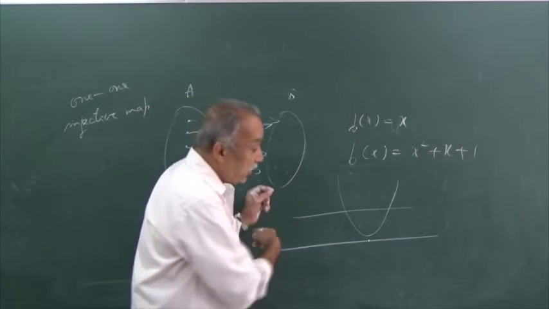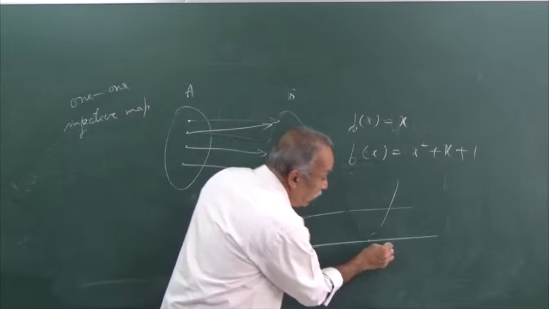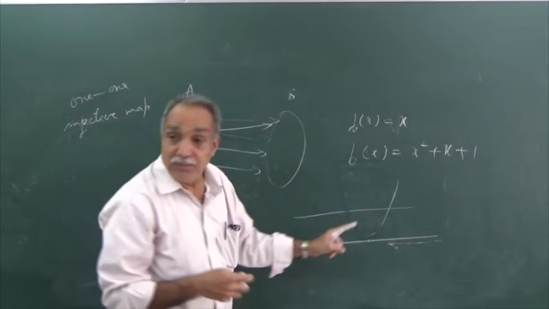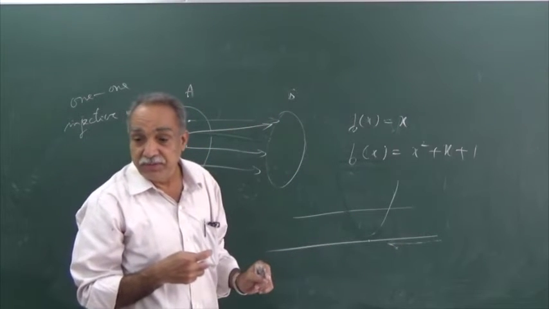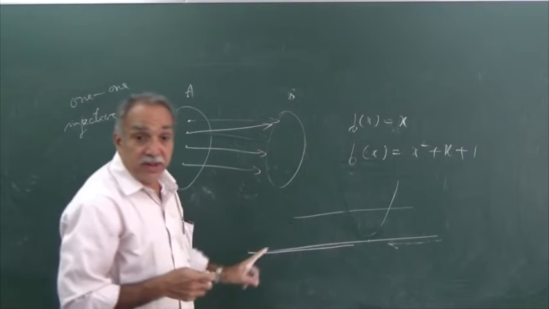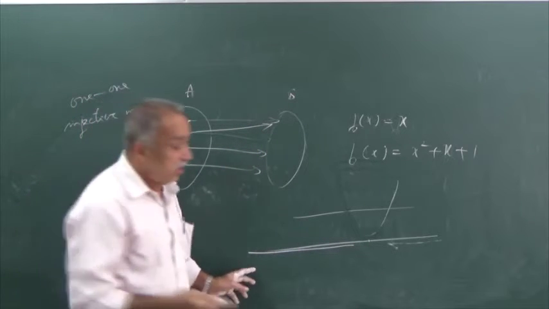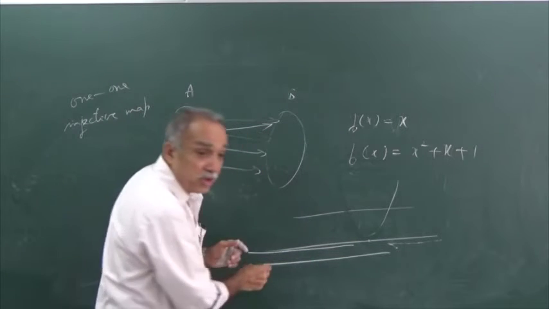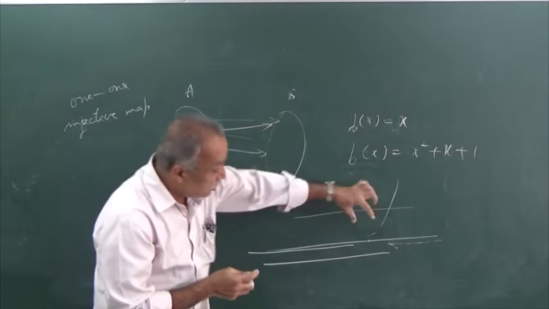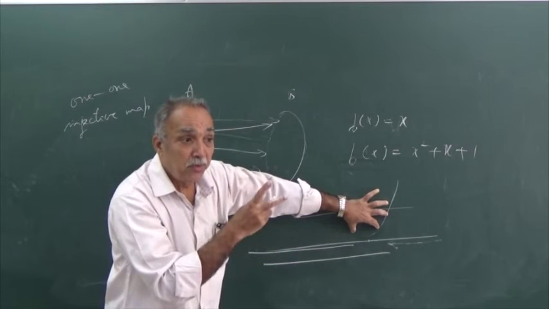Suppose instead of taking the whole interval as domain, I restrict my domain only to this part of the real line. Then the function becomes 1-1. Suppose I consider only this part of the real number system as the domain, the function becomes 1-1. Suppose I include these points, it will not be 1-1, because one small portion will be intersected by a horizontal at 2 points.